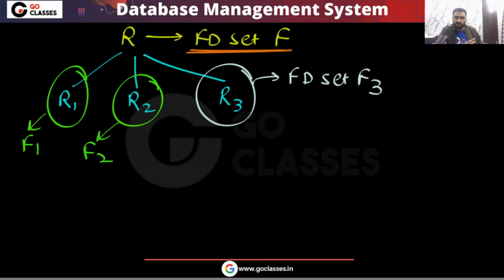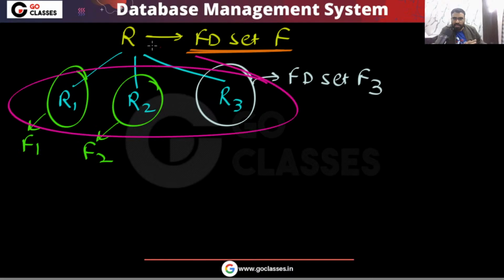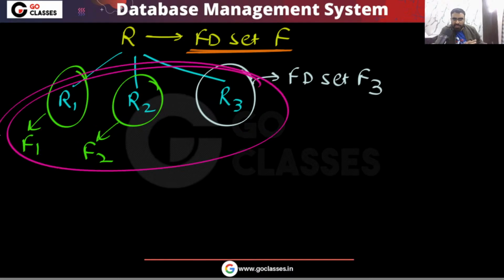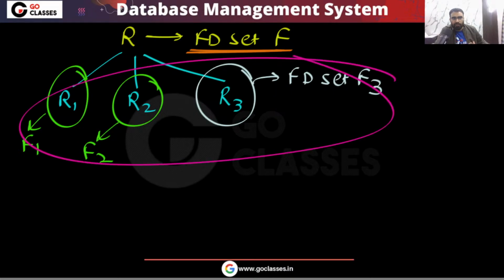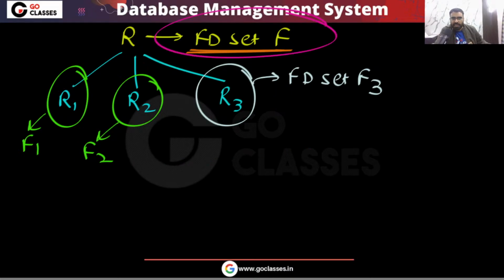When we decompose a relation into sub-relations, can we get some additional functional dependency? Of course, it is not possible, because we are decomposing the original relation into sub-relations. Some FDs of F will hold in R1, some in R2, some in R3. We can never get a new functional dependency which is not present in F. I hope you understood the point.